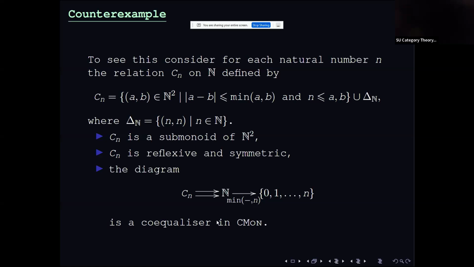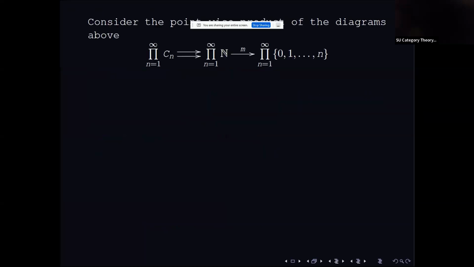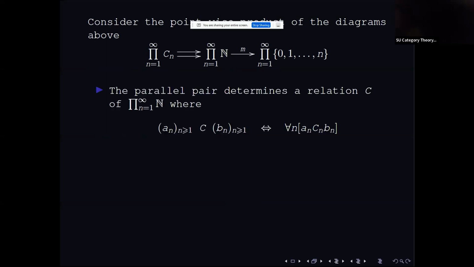Now, if the product of these coequalizer diagrams was a coequalizer, we could say some things. Firstly, this parallel pair determines a relation on the product here. And it's a relation between sequences (a_n) and (b_n). And what this relation does is just given here.